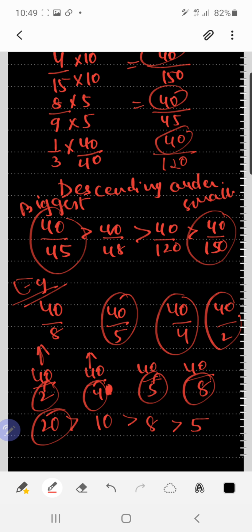So notice that always when your denominator is smaller, that is the bigger number. जितना denominator छोटा होता है उतना fraction bigger होता है. And as I have given you example here. Clear? So जितना denominator छोटा उतना आपका fraction बड़ा. So if you're writing descending order, you have to write like this.